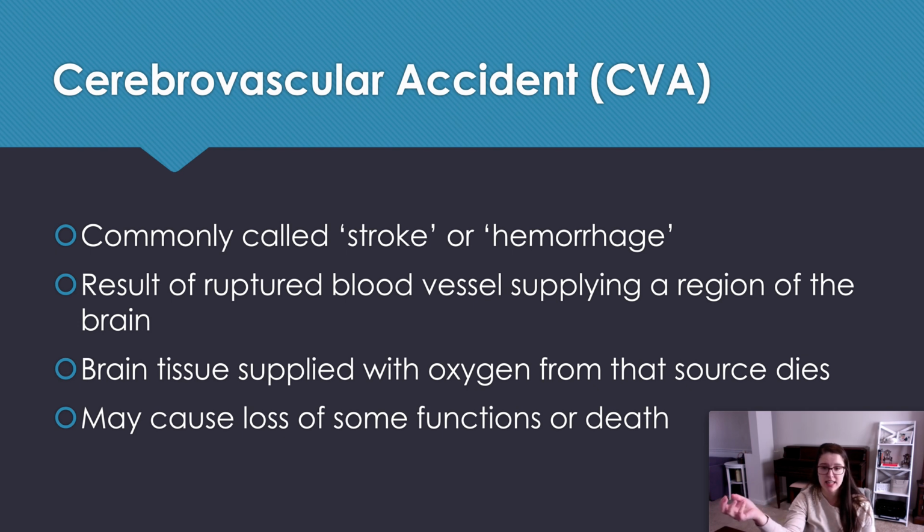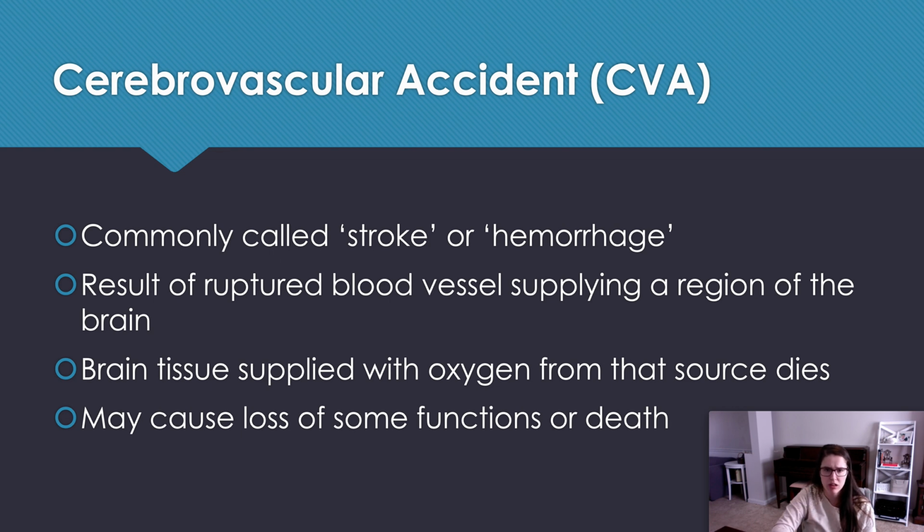And because that blood supply has ruptured, the brain tissue in that region is going to die because it's no longer going to get oxygen. And depending on the supply that's been cut off, it can lead to different loss of functions for that person, or it could also result in death. It honestly just depends on where the hemorrhage is and how much brain tissue has been deprived of oxygen.